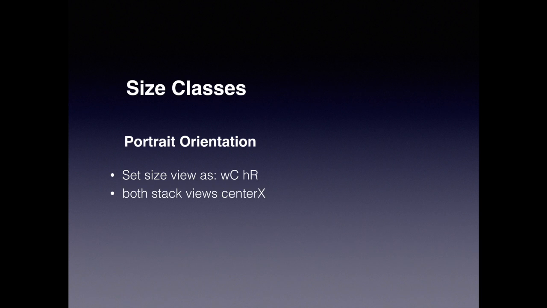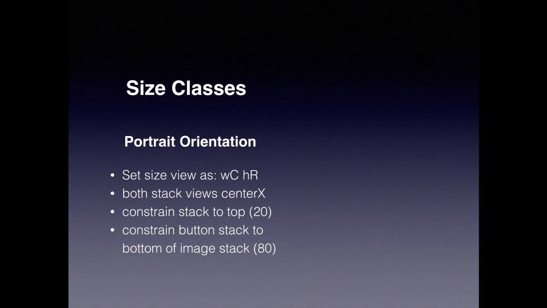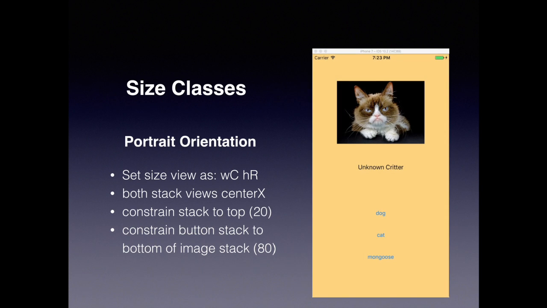We're going to take both stack views, the one with the image and the one with the buttons, and we'll center them along the x-axis, that's the horizontal space, and we'll constrain the stack with the image to the top of the view by 20 points, and we'll constrain the button stack to the bottom of the image stack by about 80 points. And that should give us something like this, which is what we already have in the default stacking. So we're not gaining much here.